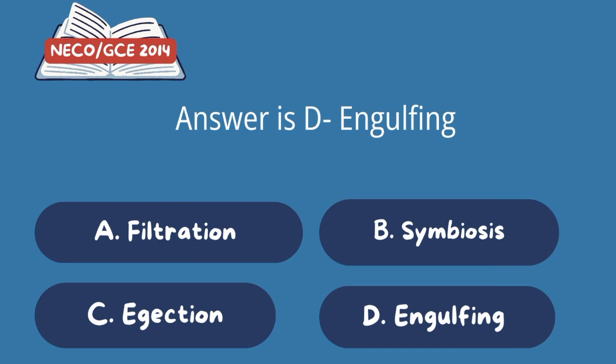Amoeba feeds by extending its pseudopodia around a food to form a pocket around it and swallow the food. This process is called engulfing. Option A is wrong because filtration is not a mode of nutrition.